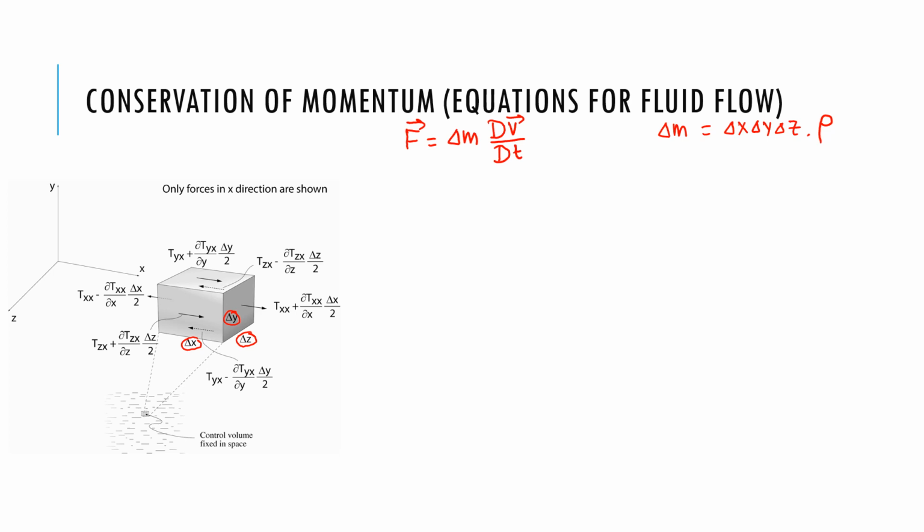It's due to time, as velocity changes with time, but as the fluid moves into a region of higher velocity, it also gets accelerated. So both of these are included, and it's also known as substantial or total derivative. Okay, and v is the velocity vector.